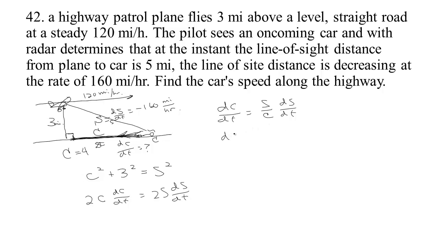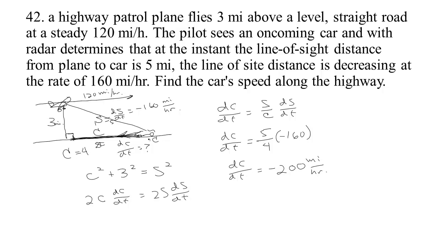So now we know that for dc/dt at the instant we measured, s was 5, c was 4, and ds/dt was negative 160. If we divide negative 160 by 4, we get negative 40, and 4 times 5 would be 200, so we get negative 200 here.